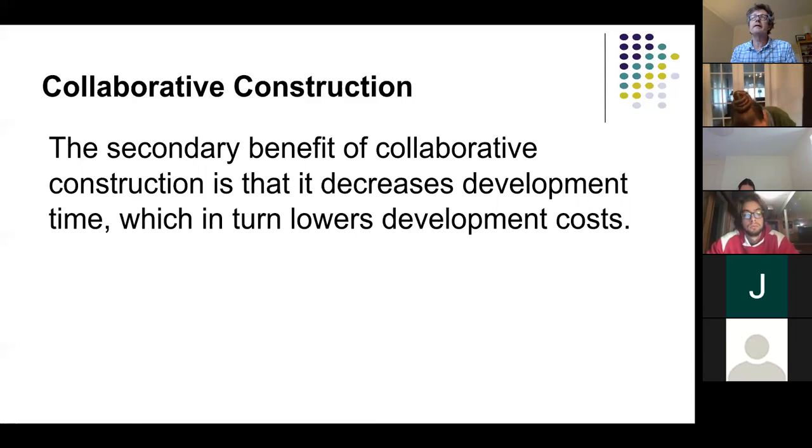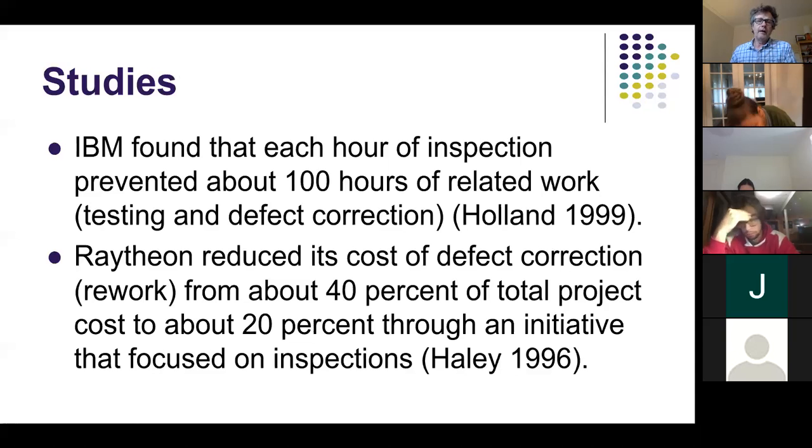It's counterproductive to just think that we're all going to focus on our work and we're not going to interact with each other. IBM found out that each hour of inspection, looking at somebody else's code, inspecting it, and saying, hey, this is what I found when I looked at your code, prevented 100 hours of related work for every hour put into it.